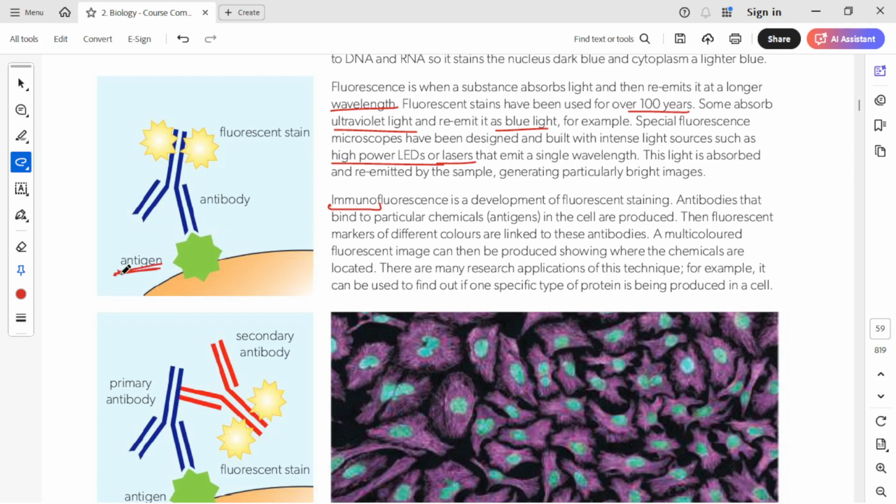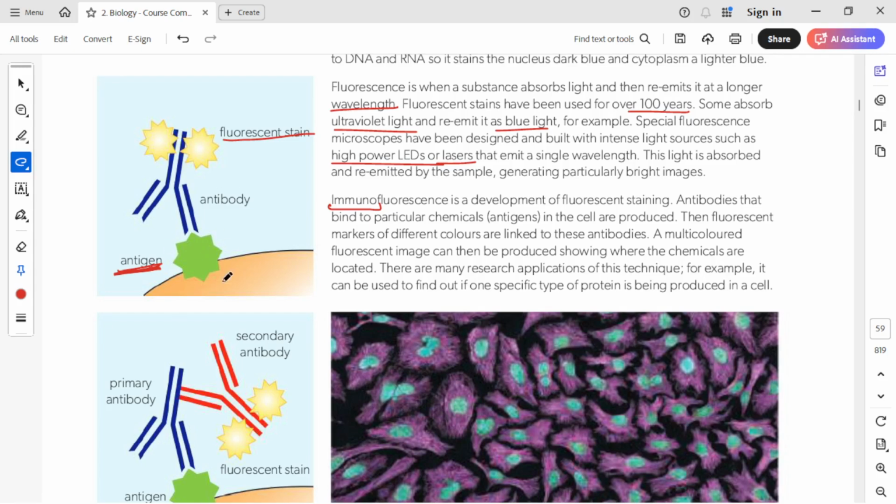These antigens will be spread out in all the cells if this particular virus has attacked a certain cell. So in that case, we add an antibody that will specifically bind to this antigen, and this antibody is already tagged with fluorescent stains.